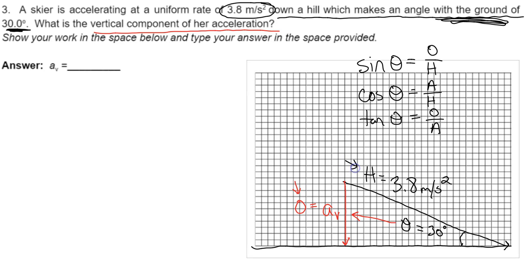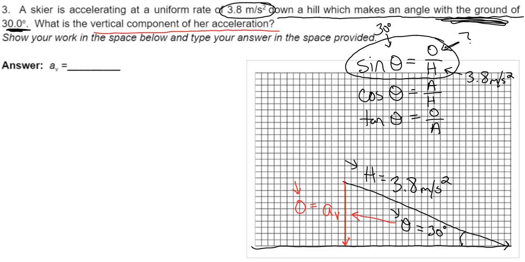If we take a look at what we know and what we're looking for, we're looking for O, we know h, and we know theta, so the one that we're going to use is the sine function. Theta is 30 degrees, h is 3.8 meters per second squared, and O is the thing we're looking for.